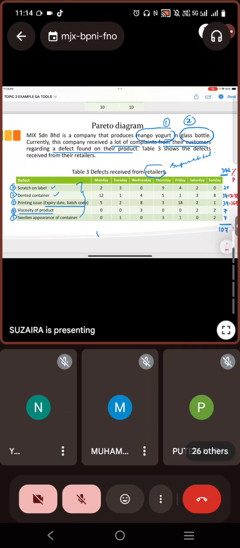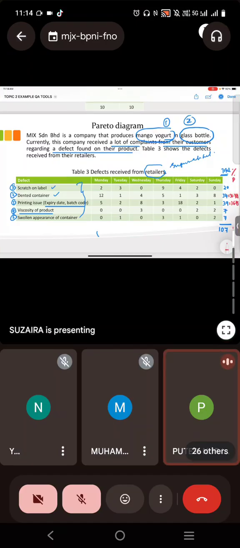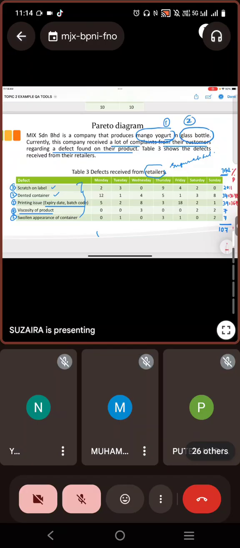And then the third one, scratch on label, 20 divided by 107, 18.69%. And the last one, 7 divided by 107, 6.54%. Okay.